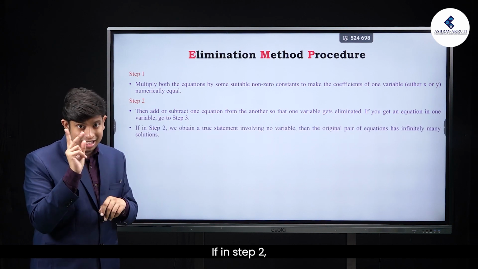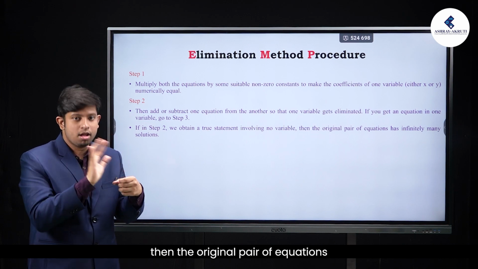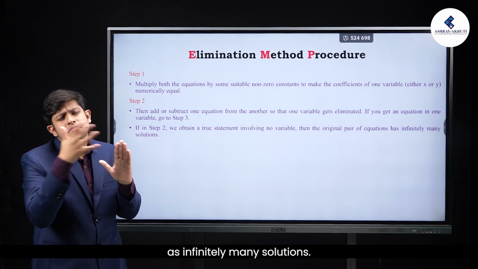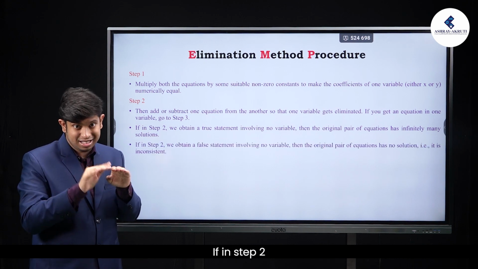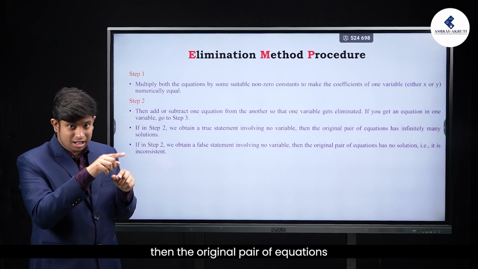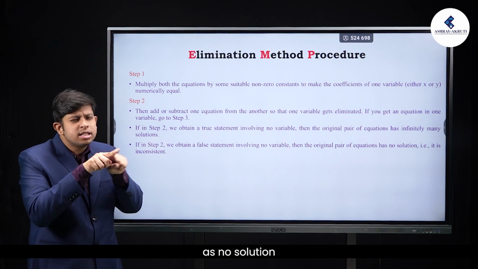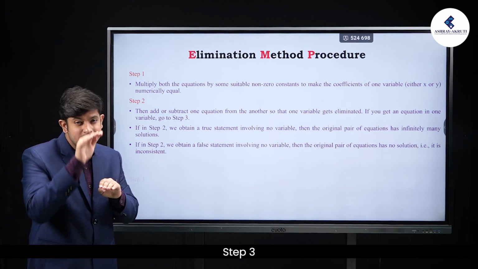If in step 2 we obtain a true statement involving no variable, then the original pair of equations has infinitely many solutions. If in step 2 we obtain a false statement involving no variable, then the original pair of equations has no solution, that is, it is inconsistent. Step 3.